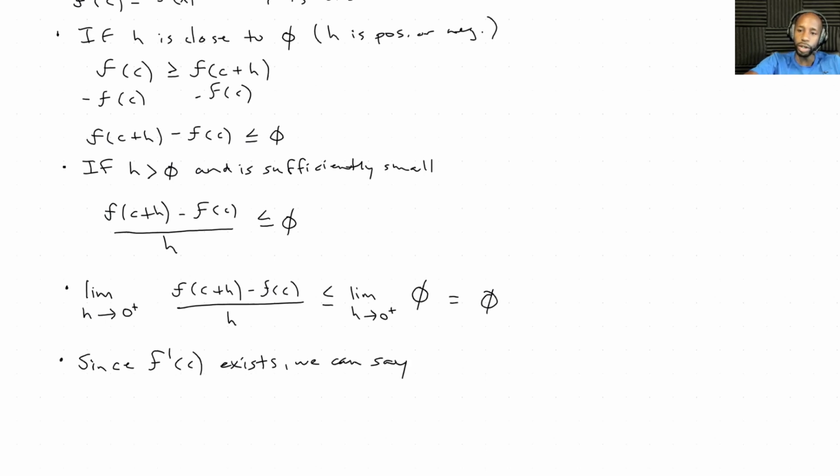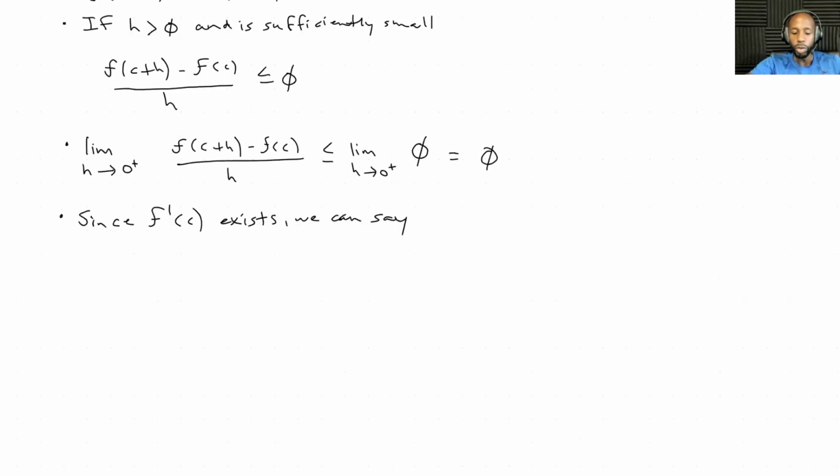Let's scroll down here. If you need stuff, just rewind the video. We can say that f prime of c is equal to the limit as h approaches 0.